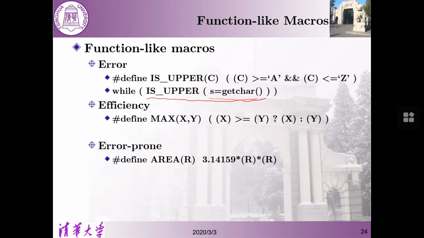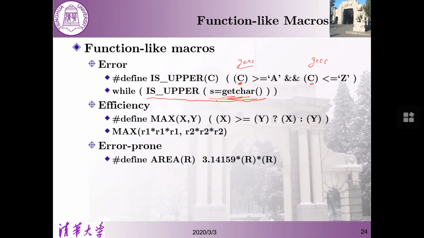So we get a char here, and also a char here. Originally we only want to get 1 character from the command line input and check whether the character is between A and Z. But now, if we use the macro in this way, we are getting 2 characters. We are calling this function twice, right? So this is an error, okay?